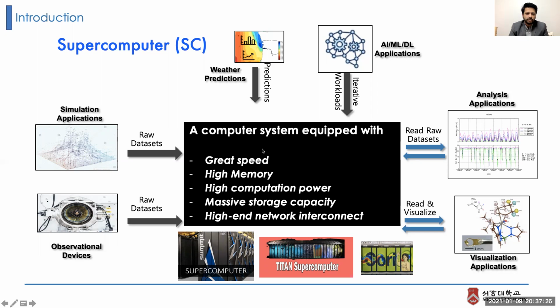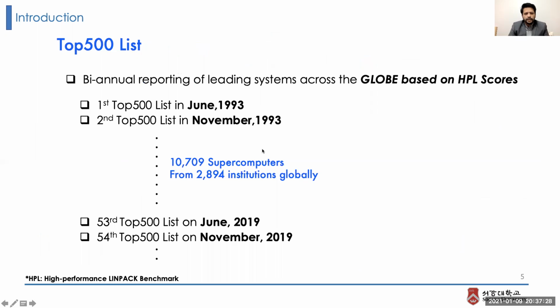solving large scientific calculations and problems. The Top 500 list provides an excellent service to the HPC community by meticulously compiling the leading supercomputers in the world based on the High Performance LINPACK benchmark and publishing this list biannually since 1993.